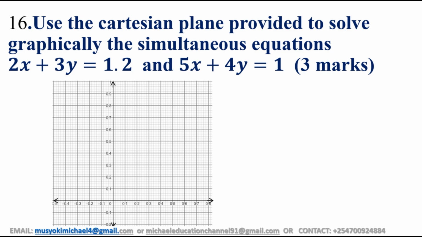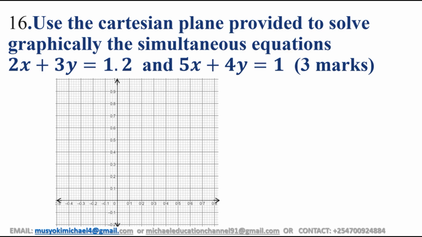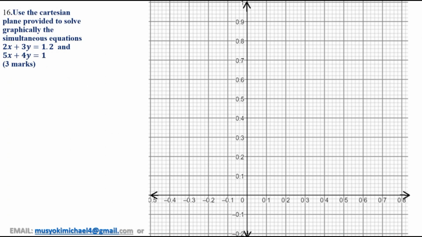And finally, to question number 16 of section 1 or section A. Use the Cartesian plane provided to solve graphically the simultaneous equations 2x plus 3y is equal to 1.2 and 5x plus 4y is equal to 1.